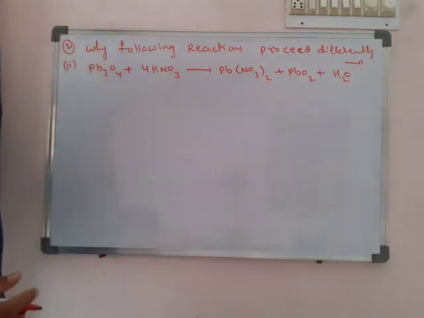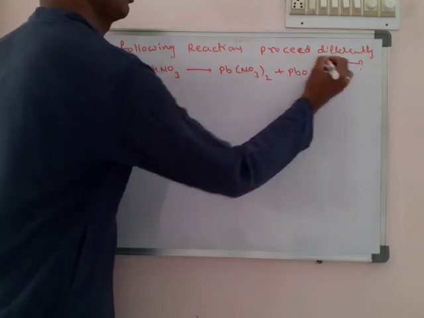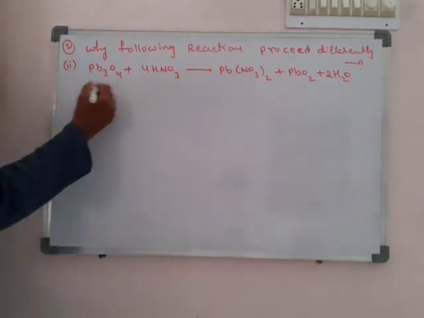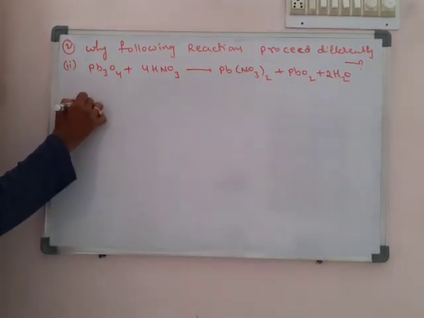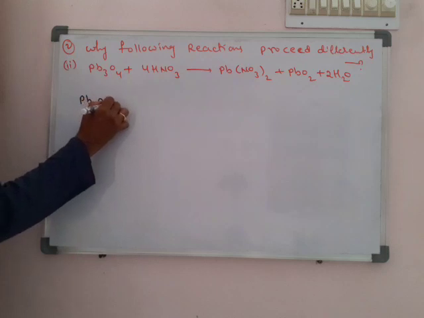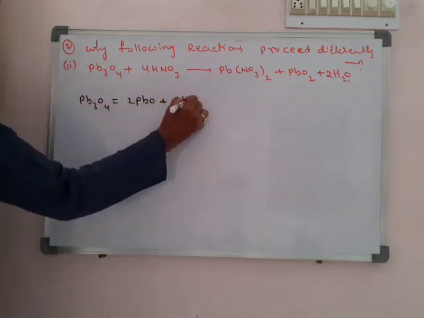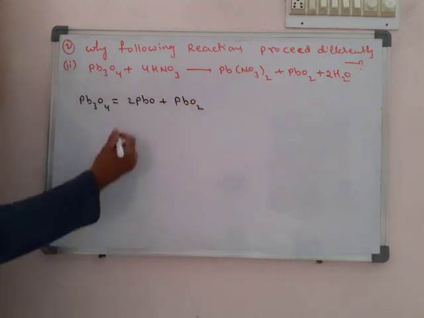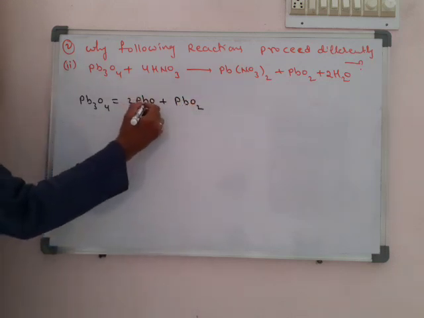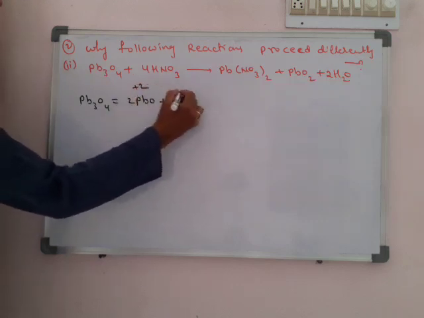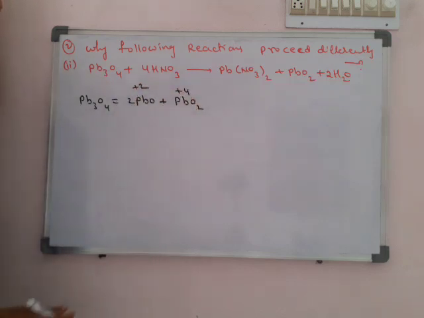So it is a question. Again here also the same compound Pb3O4. We know that Pb3O4 means the combination of 2 PbO plus PbO2. So already we know PbO is in +2 condition, PbO2 is in +4 condition.